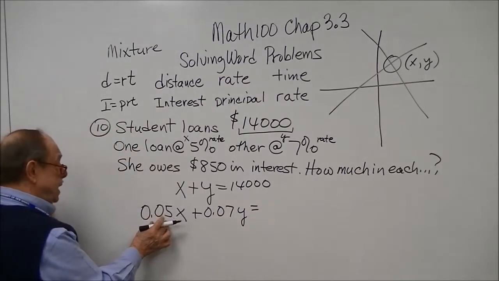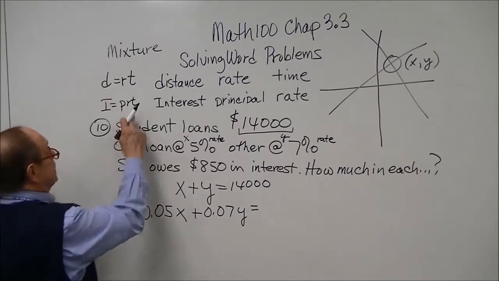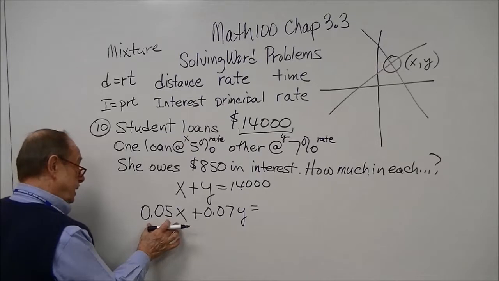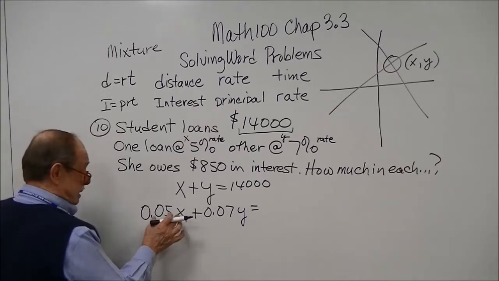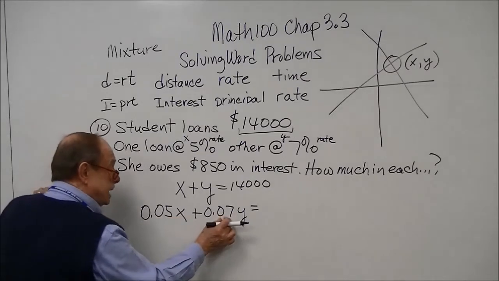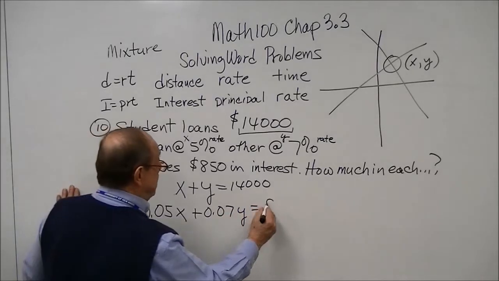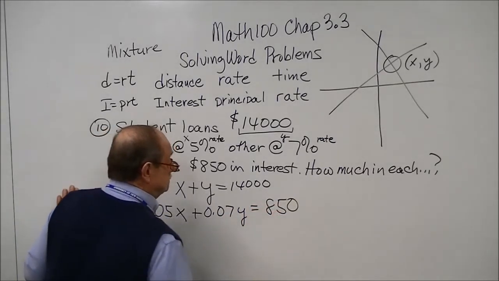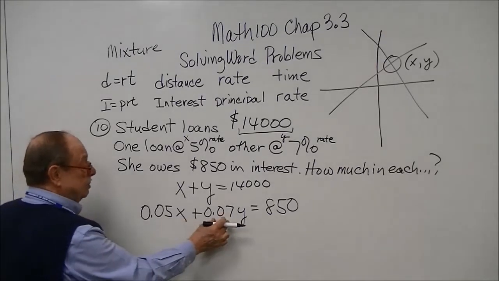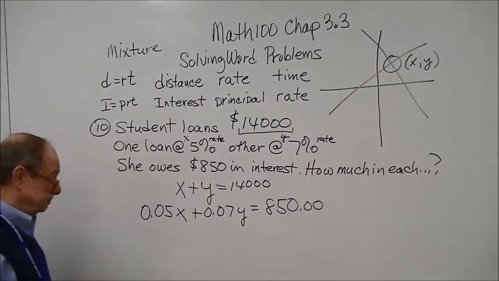So this is rate times principal, and time is 1 year, so we don't have to put the 1 in there. So this is the interest at 5% of that portion of the loan, 7% at that portion of the loan, and the total interest now is 850. But since we have decimal places here, we have to put our decimal places there as well.